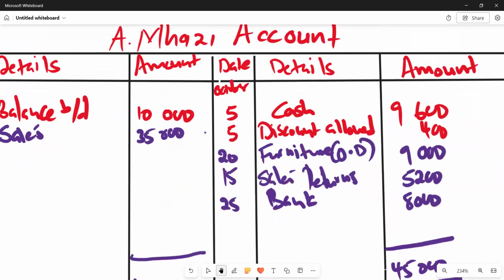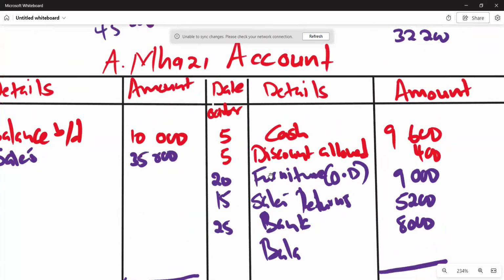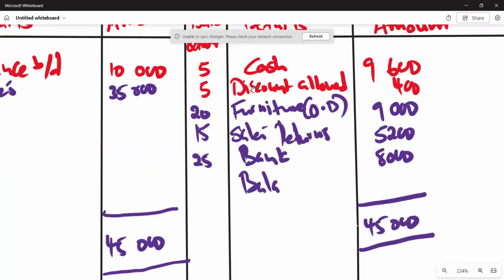So after calculating the difference between the two sides, the answer that we get is 12,800. And 12,800 is supposed to come on the credit side as our balancing figure.